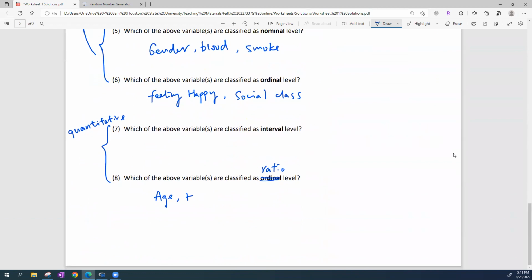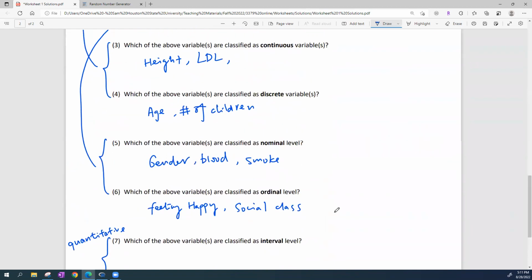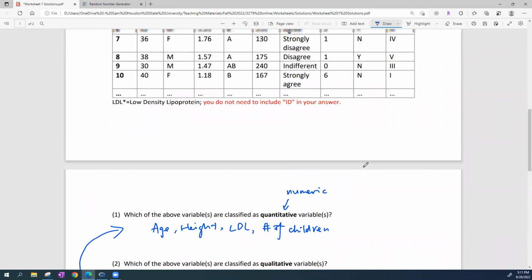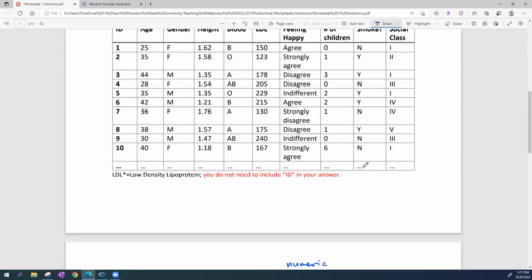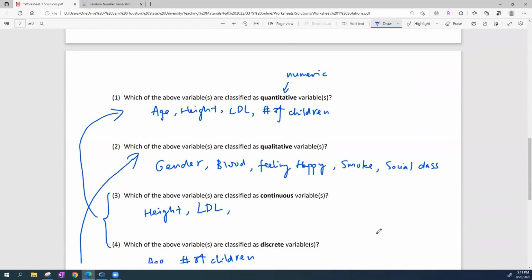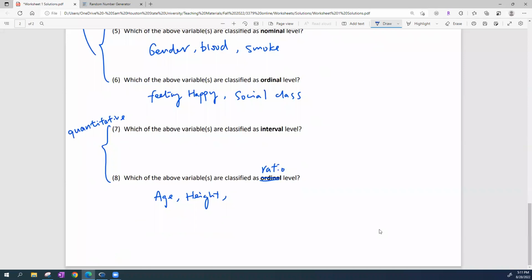Yes. 0 means nothing. And what about LDL? LDL is a measurement, right? So if we observe nothing, that's a true zero. So LDL is also ratio.